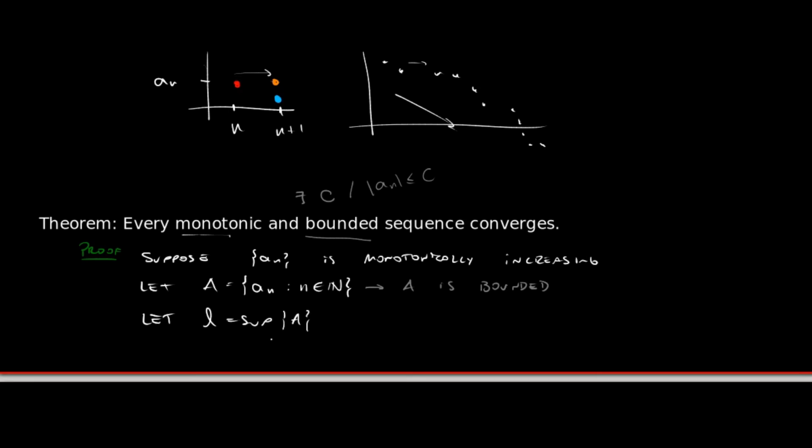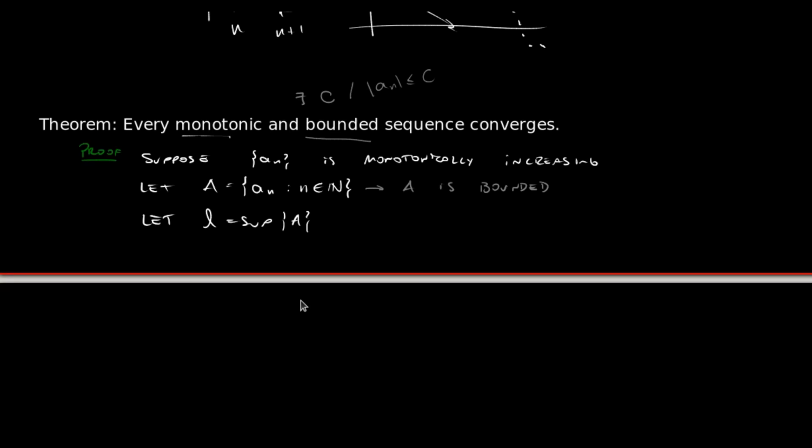Now L is the supremum of our set, and using the definition of supremum, we know that for every epsilon greater than 0, there exists a number N, for which if n is greater than N, then L minus epsilon is smaller than a sub n and smaller than or equal to L. This is only using the definition of supremum.